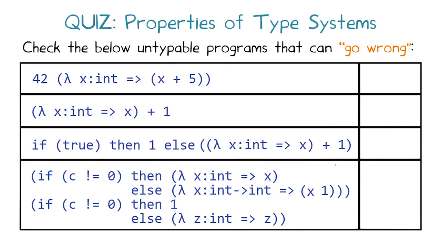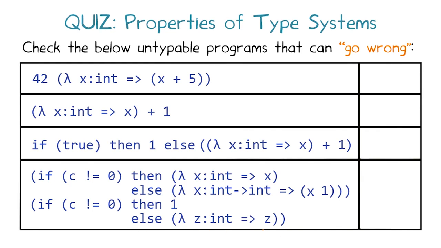And finally, if c not equal to 0, then lambda x of type int yields x, else lambda x of type int arrow int yields x applied to 1, and the whole thing applied to the expression if c not equal to 0, then 1, else lambda z of type int yields z.